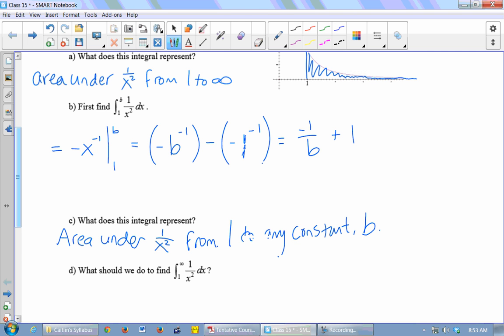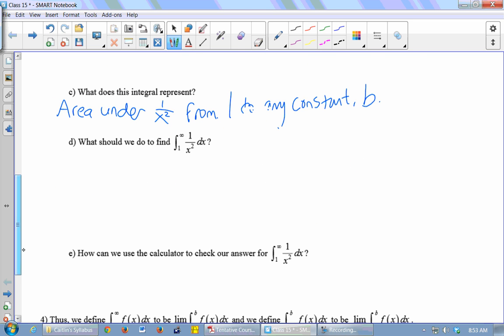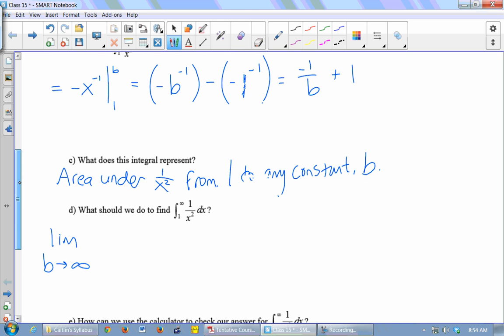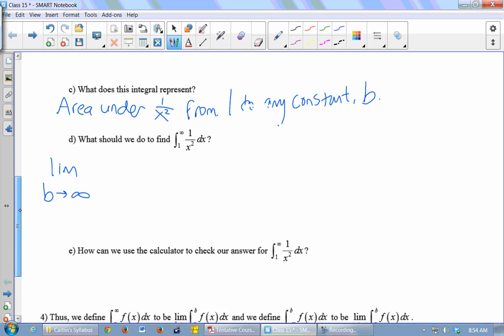Plug in infinity for b is the shorthand that people use when they mean something a little more formal: take the limit as b approaches infinity. We'll take the limit as b approaches infinity of negative 1 over b plus 1.